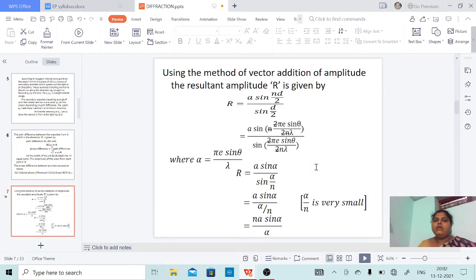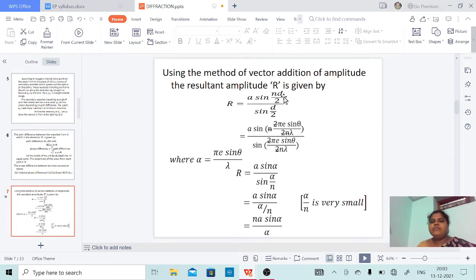Now, using the method of vector addition of amplitudes, the resultant amplitude R is given by R equals a sine n d by 2 divided by sine d by 2.